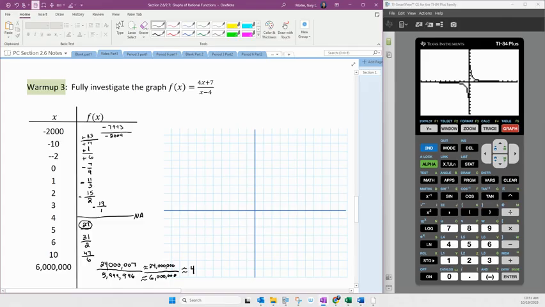But once again, negative 7,993 is very close to negative 8,000. And negative 2,004 is very close to negative 2,000. And if I divide those, I get about 4.